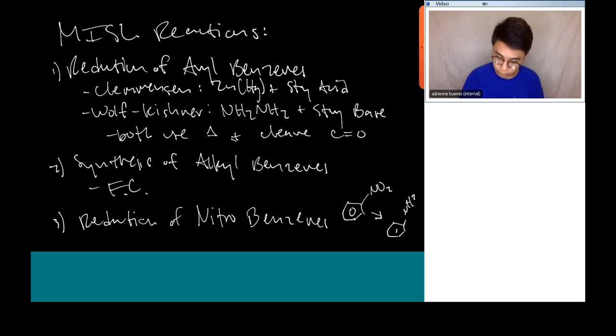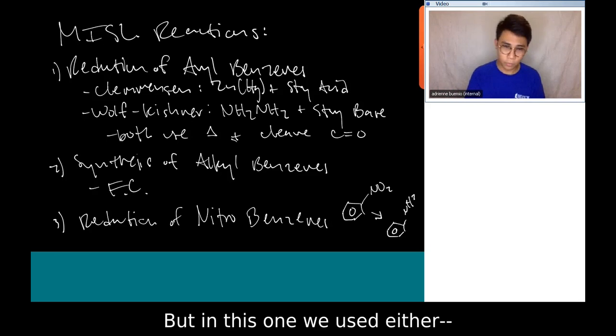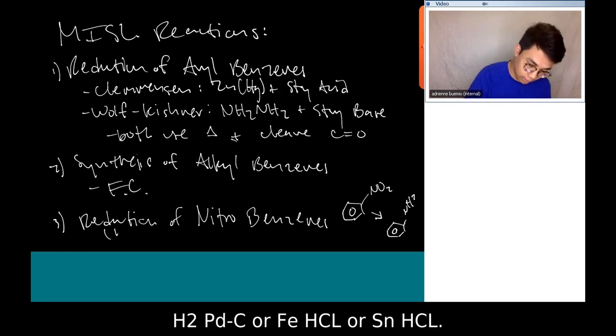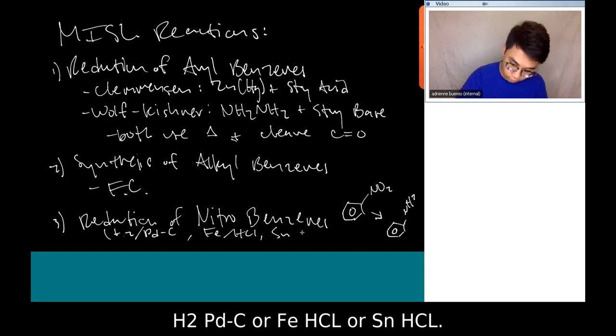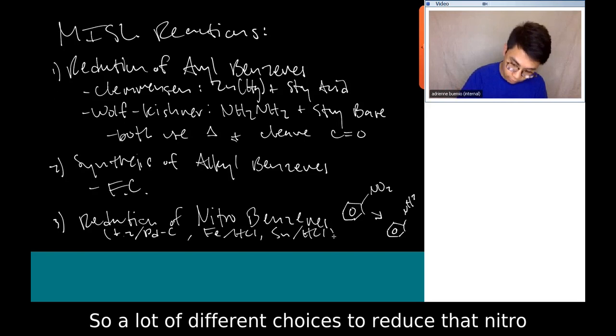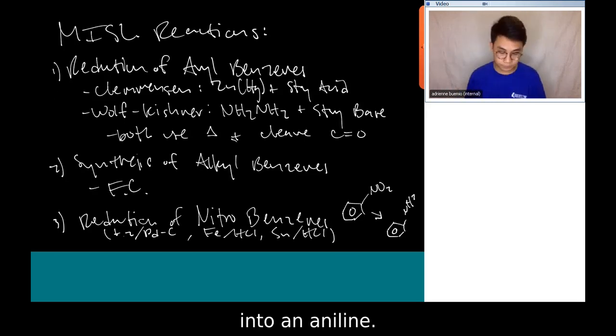And for this one there's a couple of reagents we can use: H2 with Pd/C, or Fe/HCl, or Sn/HCl. So a lot of different choices to reduce that nitro into an aniline.